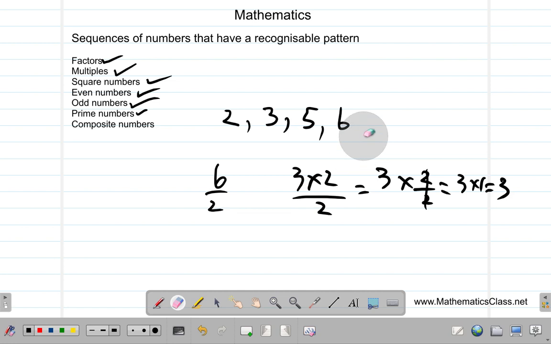So 6 is not a prime number, because numbers other than 1 and itself can go into it without a remainder.